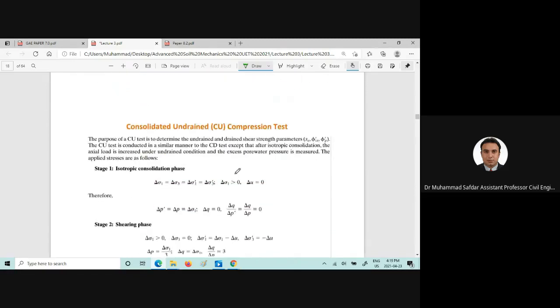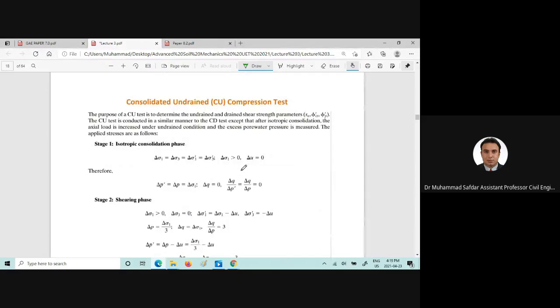Now in the consolidated undrained test, the basic concept is the same, but the shearing stage would be different. Delta sigma 1 is equal to delta sigma 3, and delta sigma 1 prime is equal to delta sigma 3 prime. Basically we apply sigma 3 of the desired value, for example 50, 100 or 150 kilopascal.